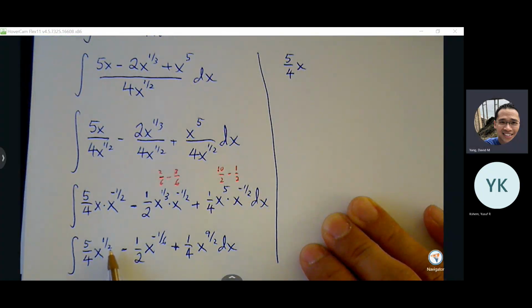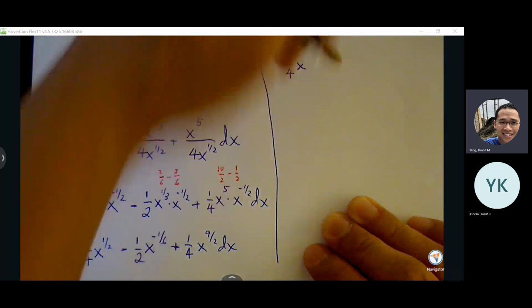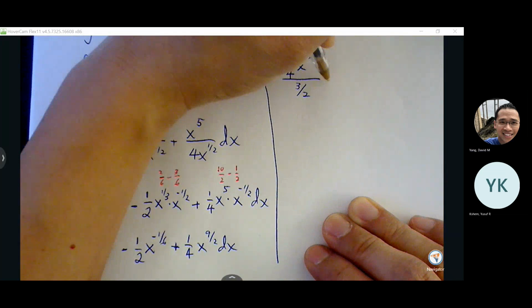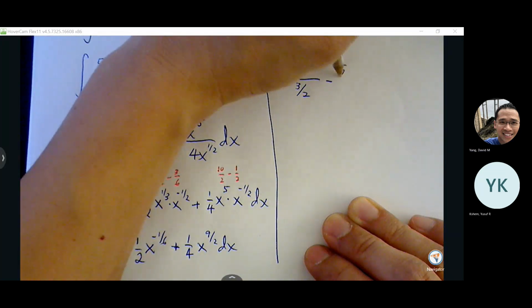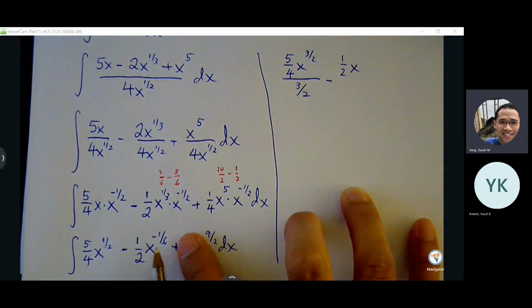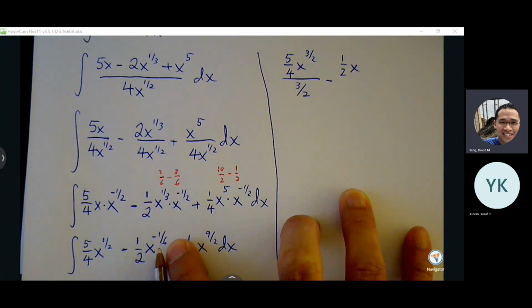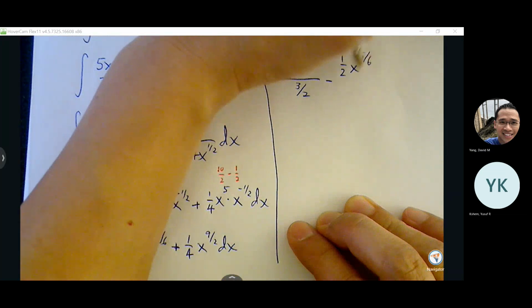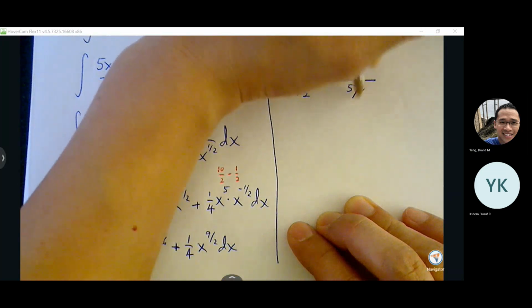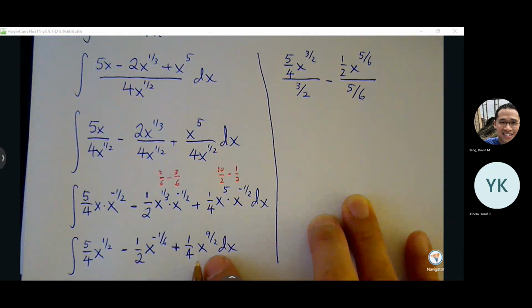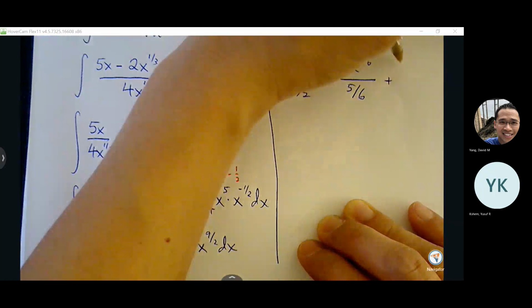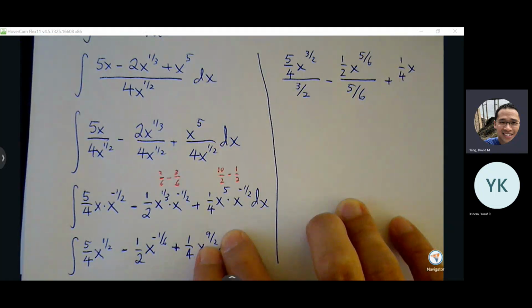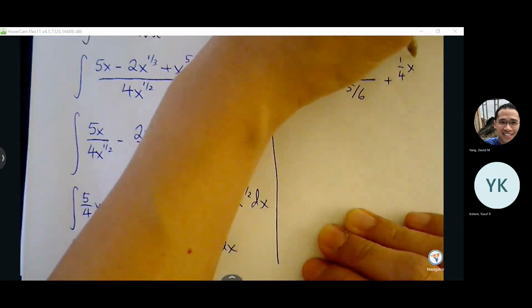Add 1 to the exponent. 1/2 plus 2/2 is 3/2. Negative 1/6 plus 6/6 is 5/6. Nine halves plus 2 halves is 11 halves.